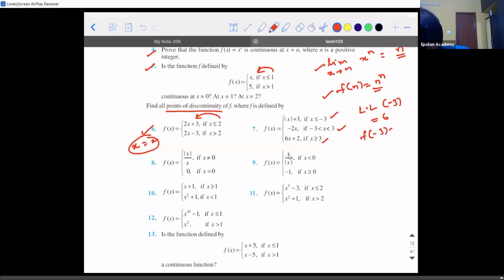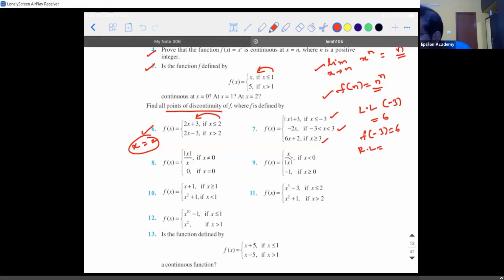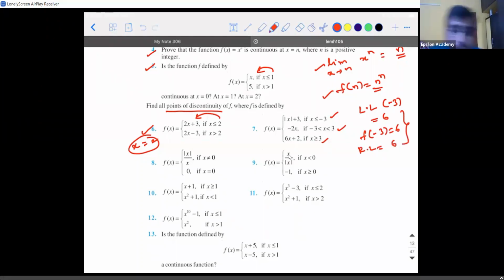Function value at minus 3 is 6. What about the right limit? It is 6. So all the three are same. I hope you are doing it using that shortcut, direct substitution method, which I told you, right?